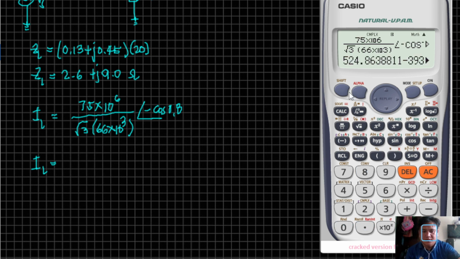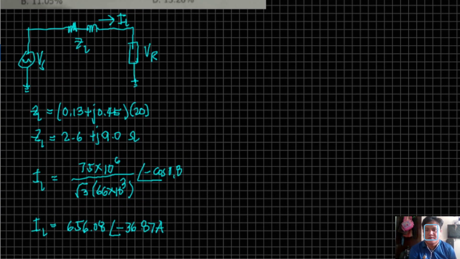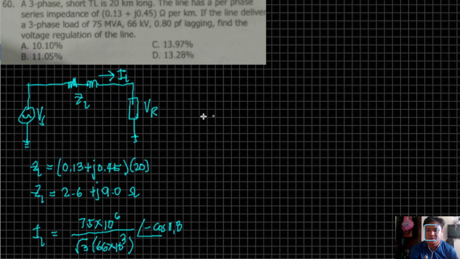So that would be 656.08 angle of negative 36.87 amperes. Okay, so from that may makukuha na tayong voltage sending per phase.